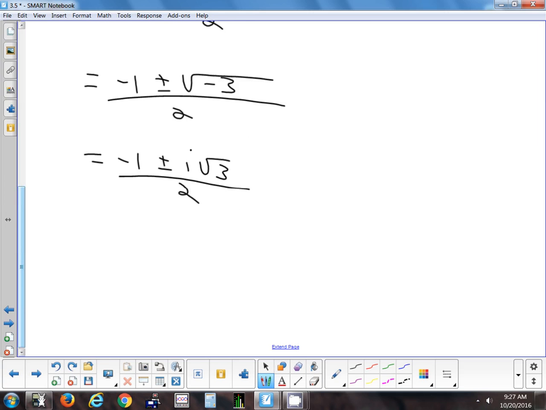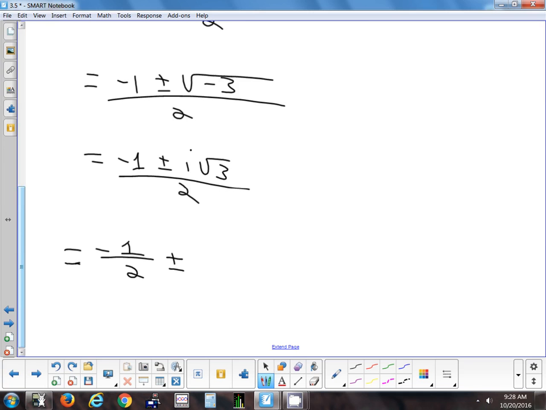Now this is just like the last problem we did with the division. You don't really have a real part and an imaginary part separate. You've got one big fraction. So on a test, the answer would be almost written like this, except you'd have to separate it out. What's your real part here? Negative 1 over 2, plus or minus.